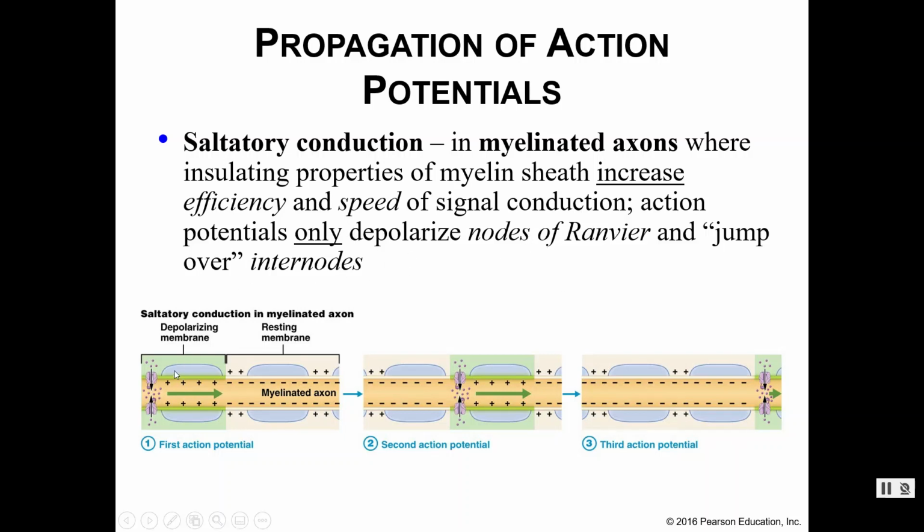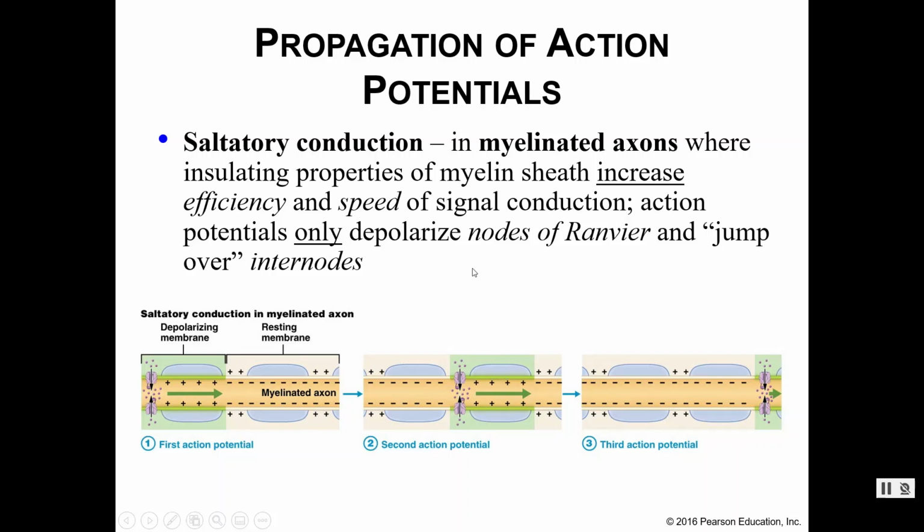Not every single little section of axolemma is insulated or myelinated. You have bare sections, those are the nodes of Ranvier. The blue sections, the myelinated sections, those are your internodes. Here's how this works.